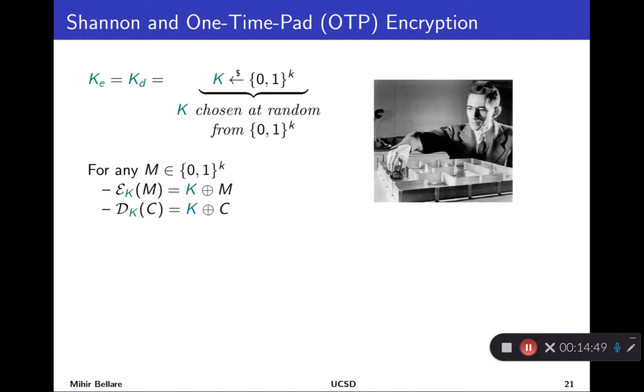Okay, so now we pick a key in that form, and magically the sender and receiver have possession of it. And now to encrypt, we assume that the message is also a string of the same length as the key. And Alice has that. And the way she encrypts is very simple. She takes the key and just bitwise XORs the message. How Bob decrypts is also then very simple.